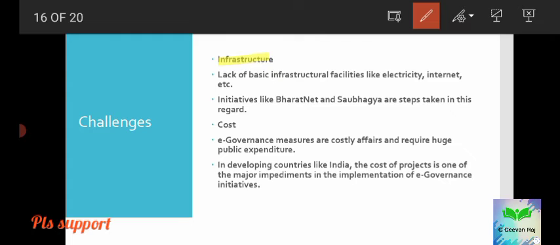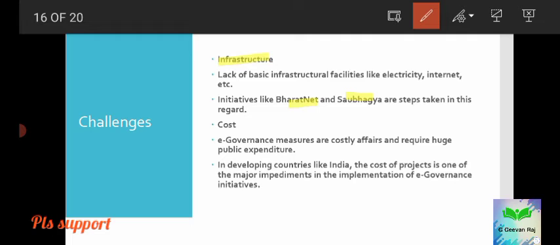As in the recent COVID time, we have seen that there was a digital divide when it comes to learning for children, because the majority of the children or people in India do not have access to a smartphone and proper internet facility. So the lack of infrastructure is the most important challenge when it comes to e-governance in India. And some of the initiatives taken in this regard are BharatNet, Saubhagya, etc.